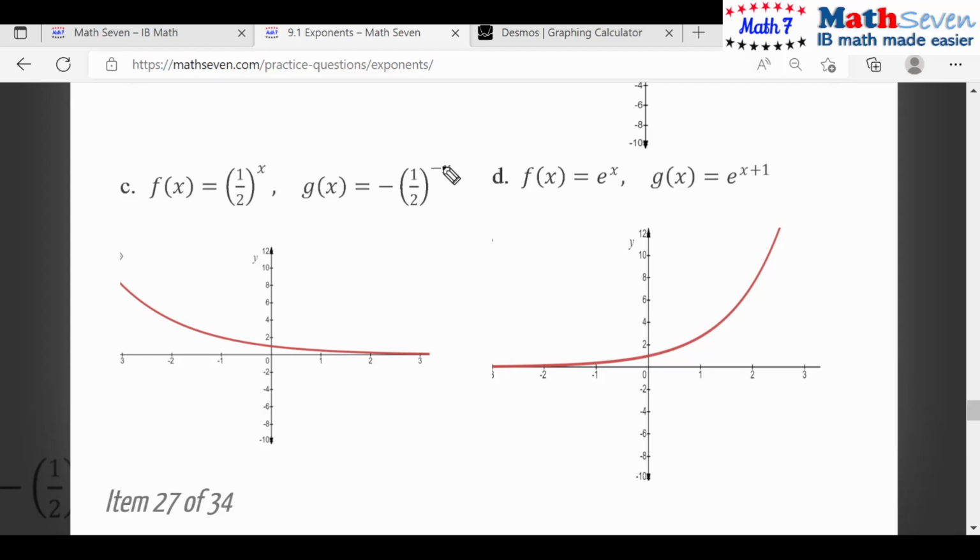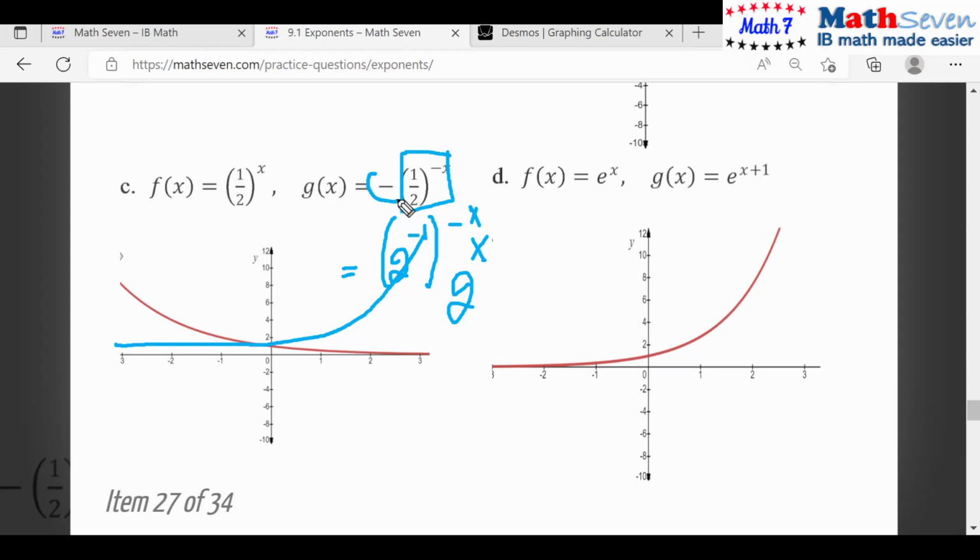Now what happens if you have this? Let's keep the minus. First of all, let's rearrange it: it becomes 2 to the power of minus 1, all to the power of minus x. Power of a power, we multiply, so it becomes 2 to the power of x. So this one looks like this.